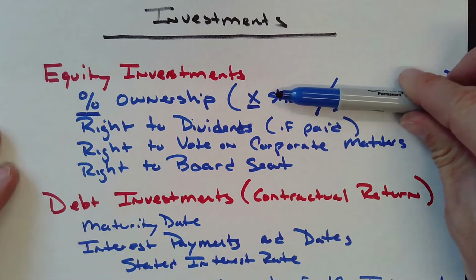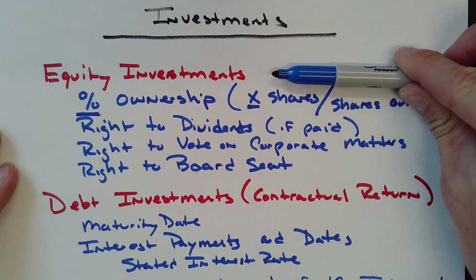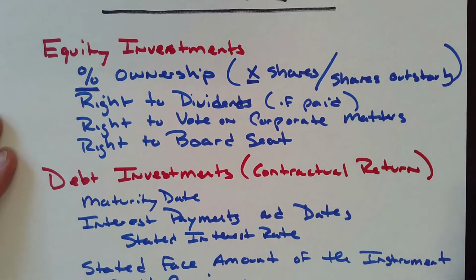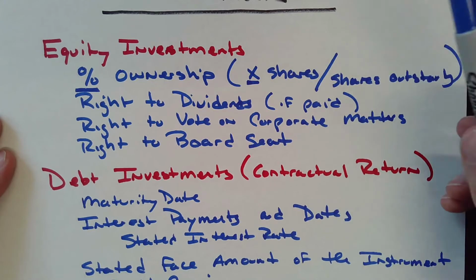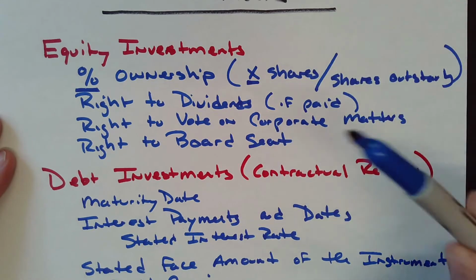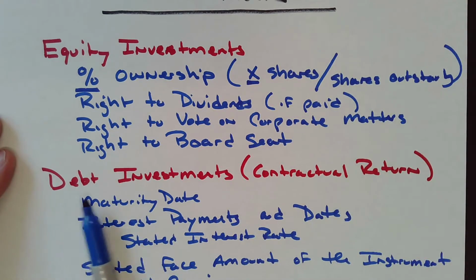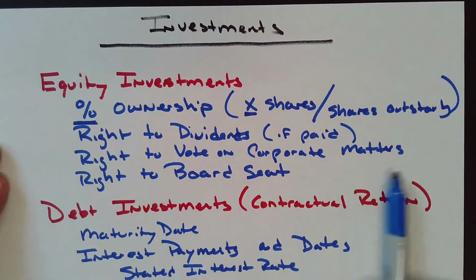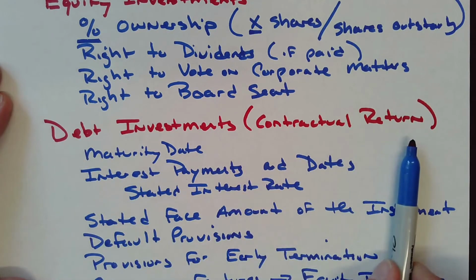Now, which one has higher risk versus lower risk? If I'm looking between these two things and I'm just looking for guaranteed returns versus contingent returns, I might want a debt instrument.